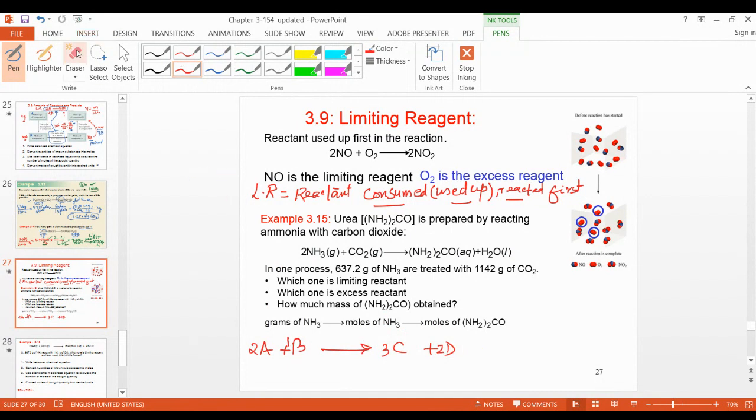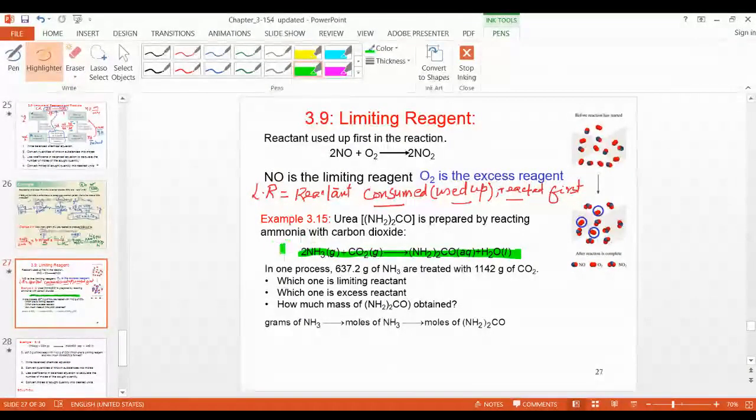I will tell you one thing, and please note this down. Suppose we have this equation. There are two reactants, ammonia and carbon dioxide, and two products, urea and water.